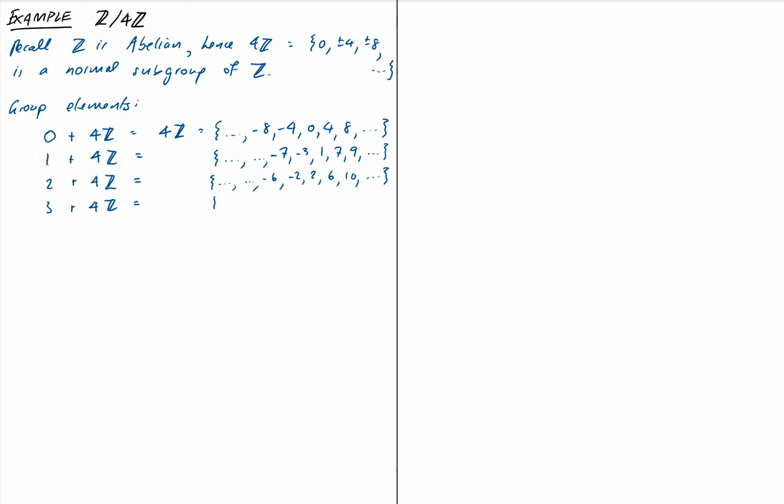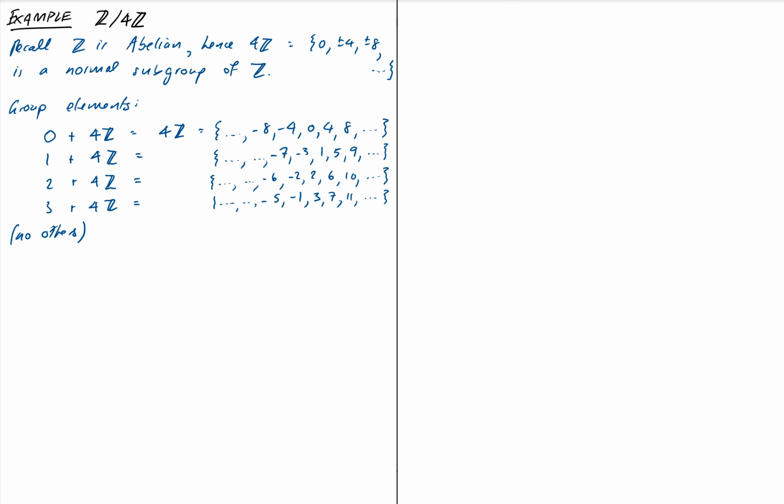We don't have 3 yet, so we can make that into a new coset: -5, -1, 3, 7, and 11. And if I go to 4 plus 4Z, I'll get back to where I started. There are no others.